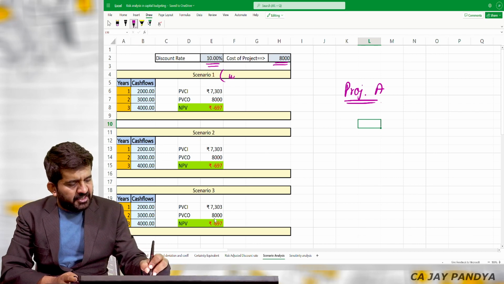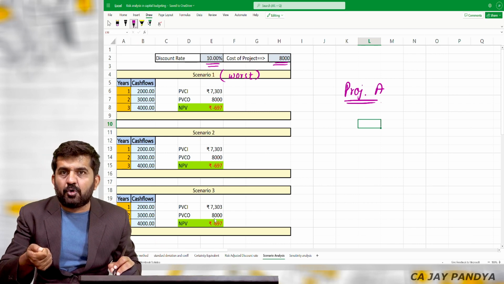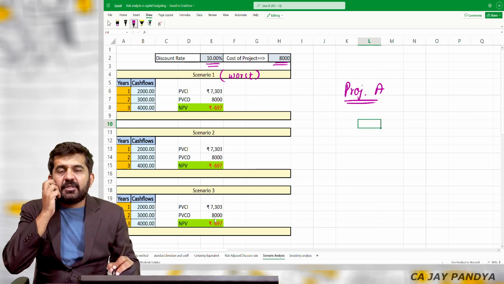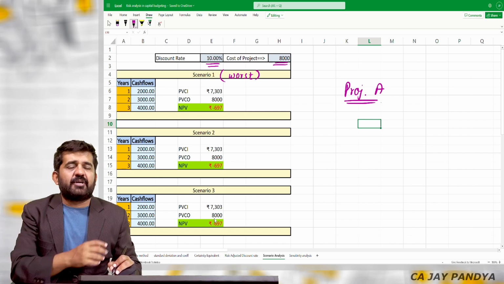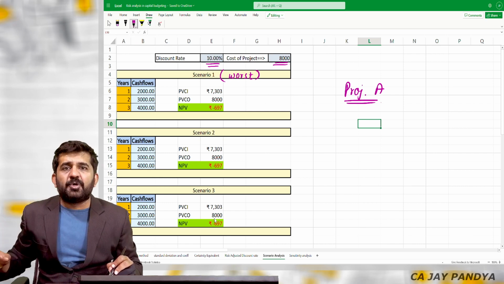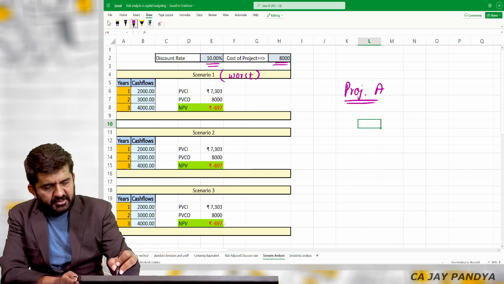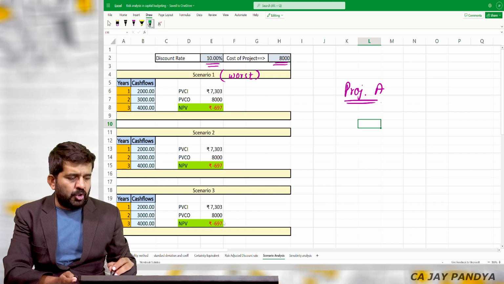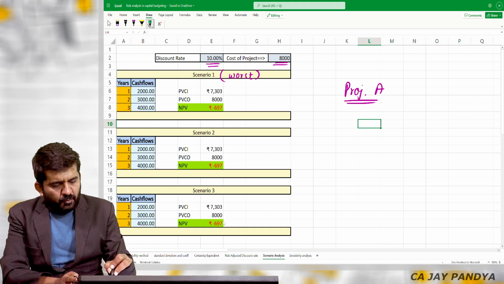In the worst scenario, I will again hire an economist and ask him what will be my cash flow in the worst scenario. There will be COVID, there will be everything, and in that scenario, what will be my cash flow for all 3 years? The economist told me that if there is a worst scenario, every year you will be able to earn only 2,000 rupees.